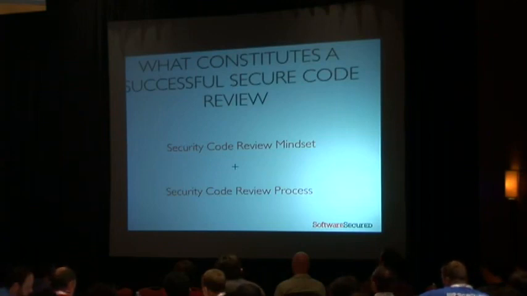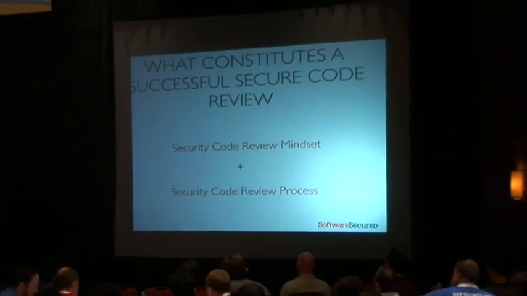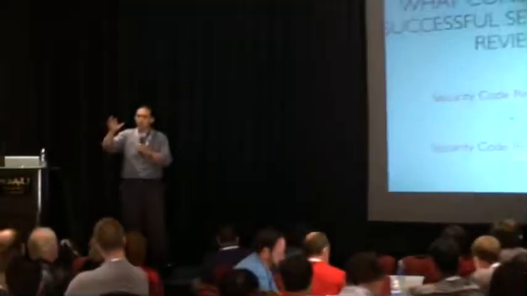So what does a security code review mindset look like? If you're writing code, your concerns are probably two things: the code compiles, and the code runs, right? That's it. Next. If you are reviewing code, like just regular peer code review, you have a slightly different mindset.